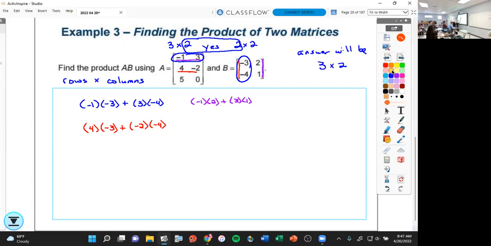Now I'm going to stay with row 2 and switch over to column 2. So I have 4 times 2 plus -2 times 1.